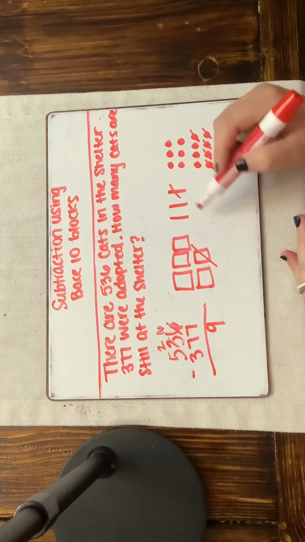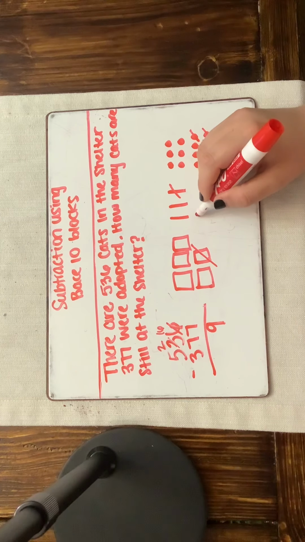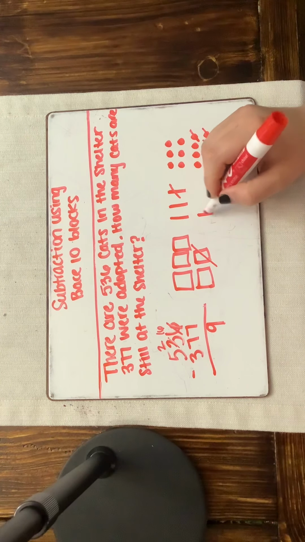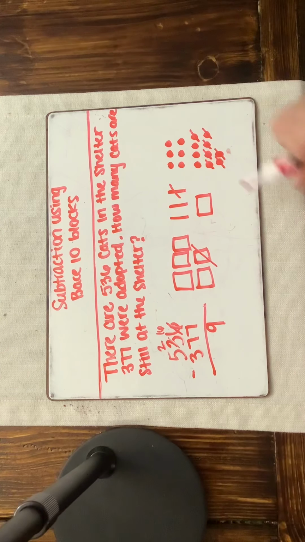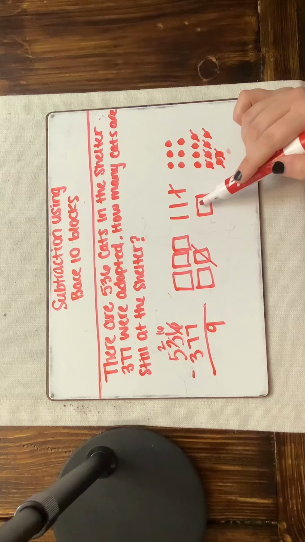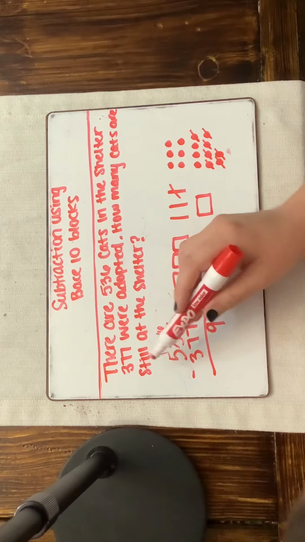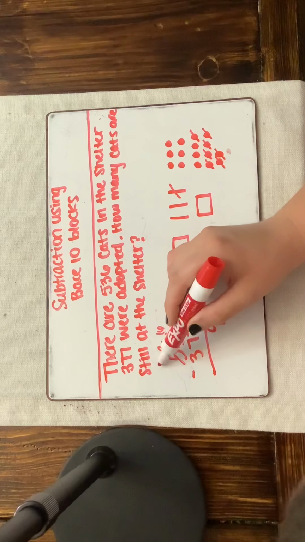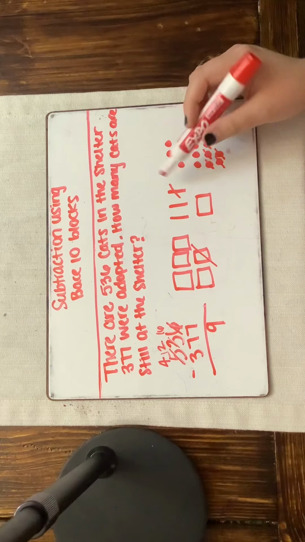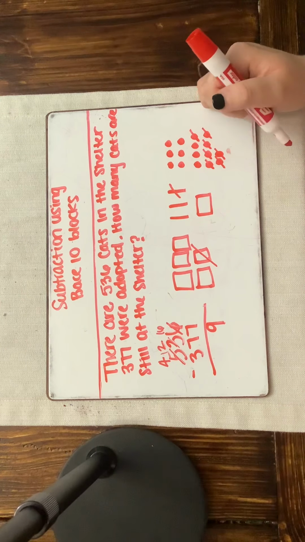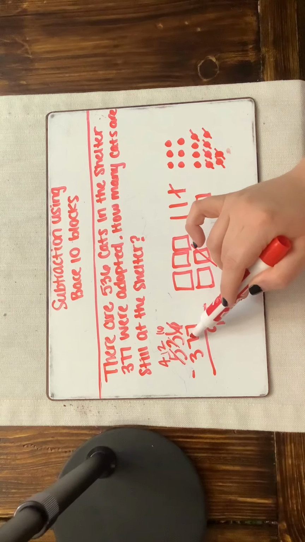So let's bring one flat over, making this 12. So borrowed, now we have 4. Now we have 12 here. So 12. Now we can take away 7.